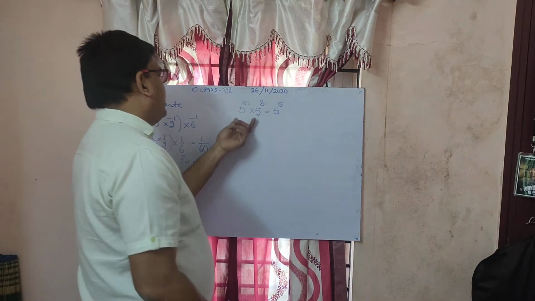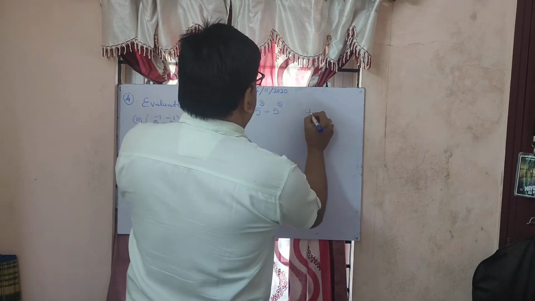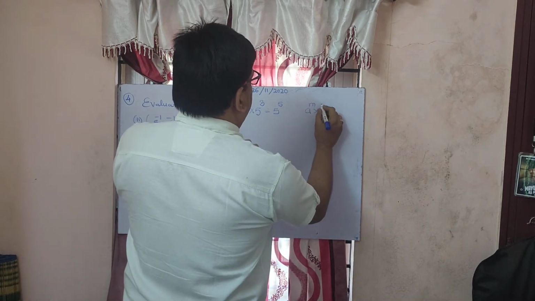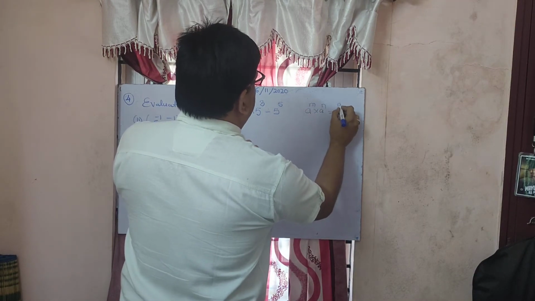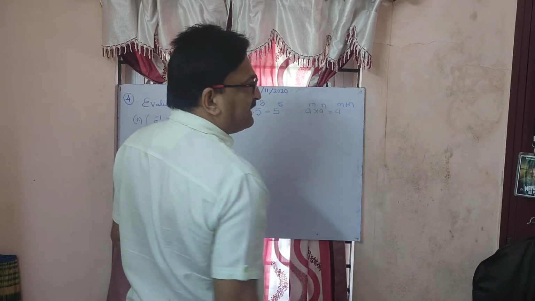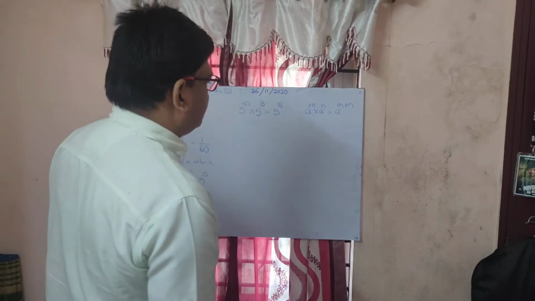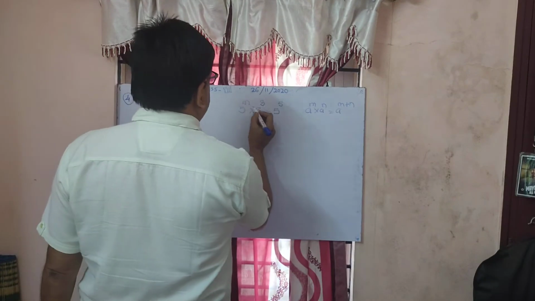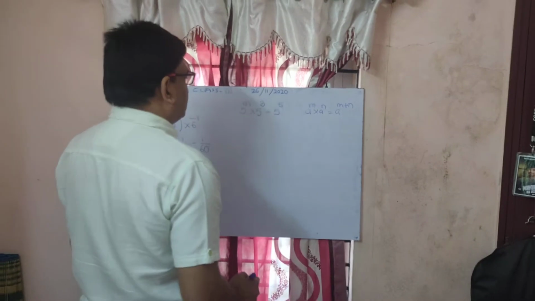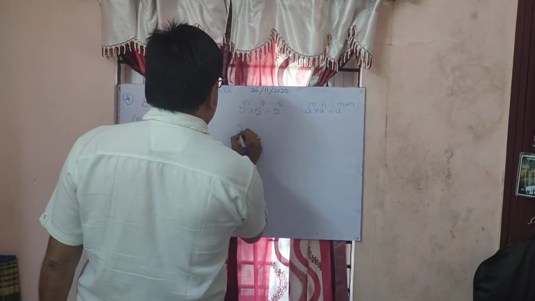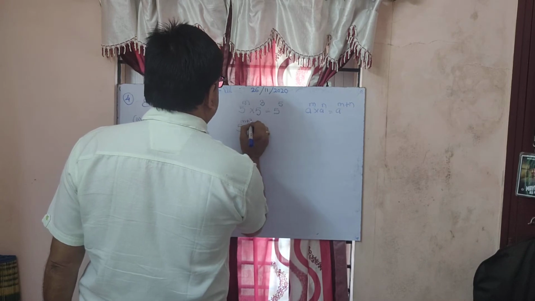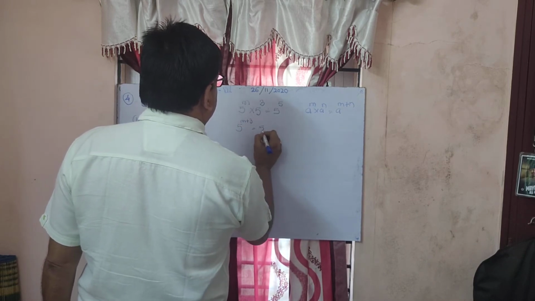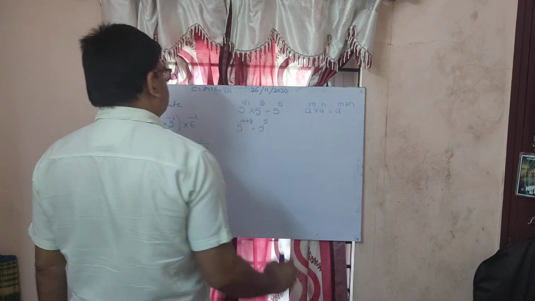Now you know the formula. a to the power m into a to the power n is equal to a to the power m plus n. So here the bases are same and the powers are different. Then what you have to do? Add the powers.